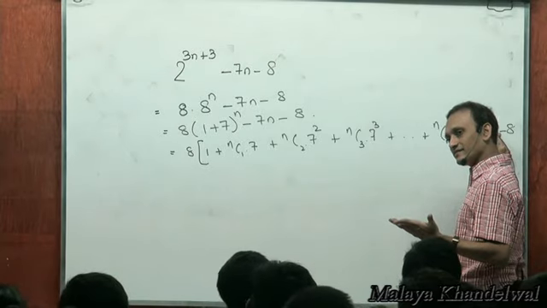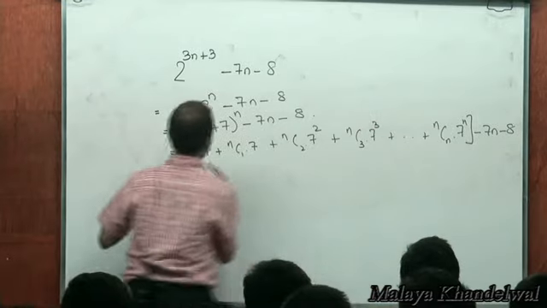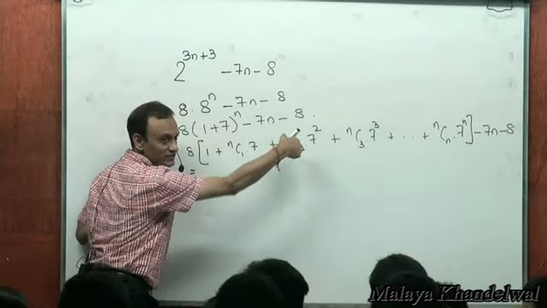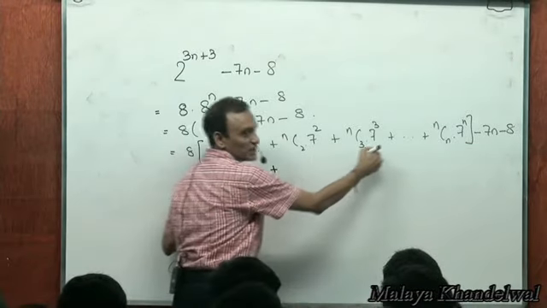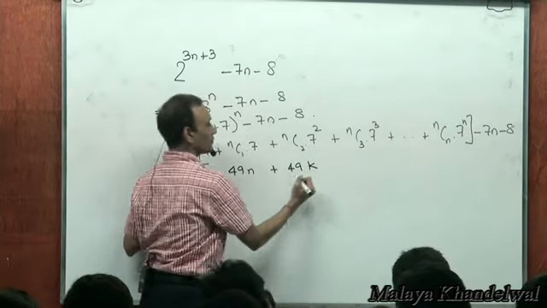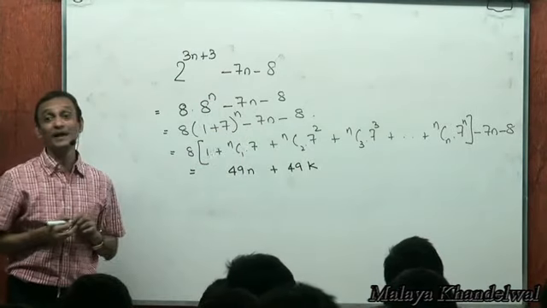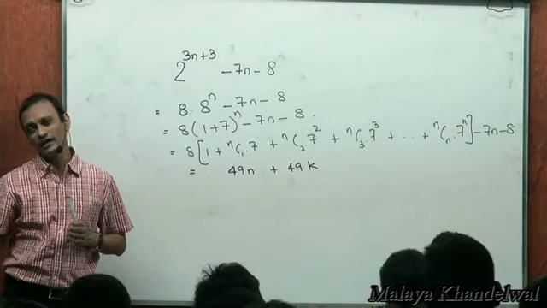So the whole thing, 49n plus all others that are multiples of 49, like 49k. So this is perfectly divisible by 49.